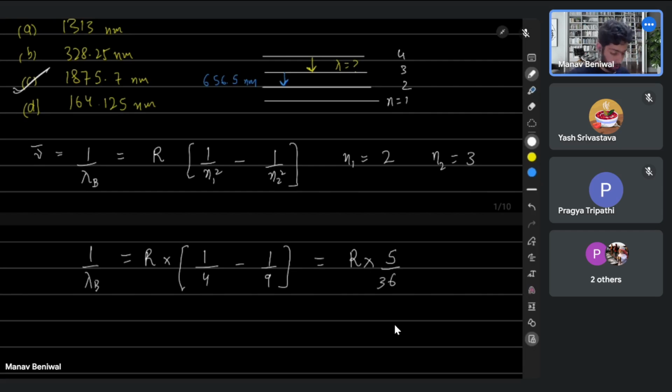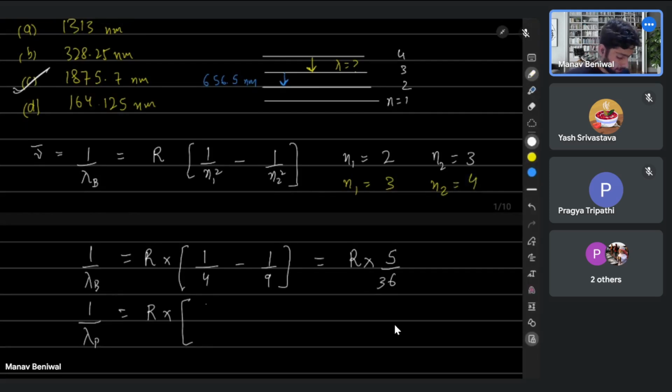Similarly, for the Paschen series, 1 over lambda p equals R into, now for Paschen series, your n1 is 3 and n2 is 4.